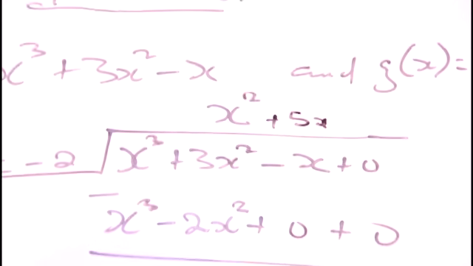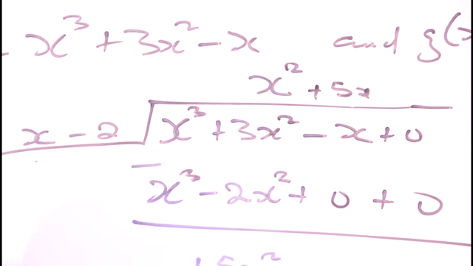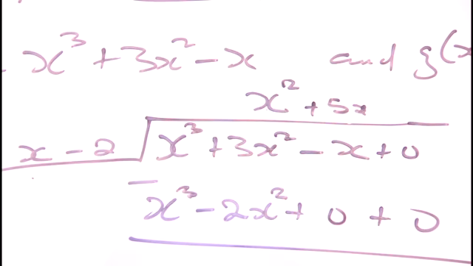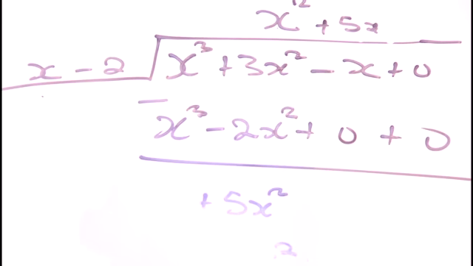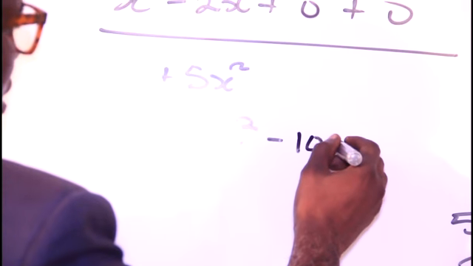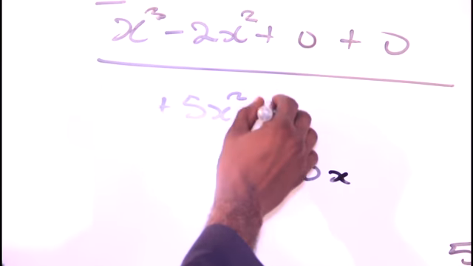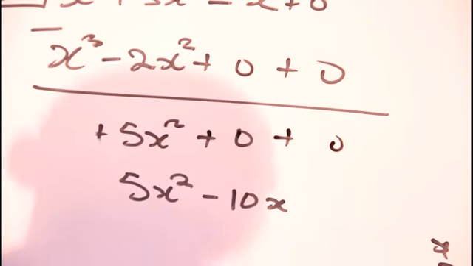So you come up here and put your plus 5x. Then 5x times x squared will give us 5x squared. 5x times minus 2 will give you minus 10x. You remember this place there's plus 0.